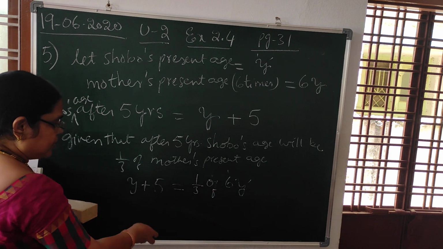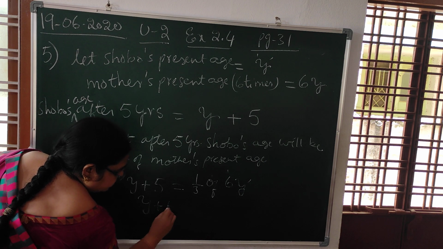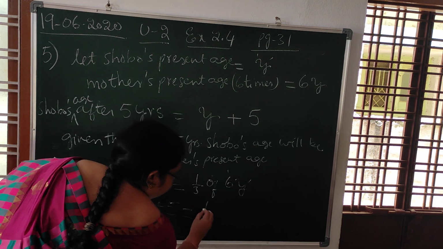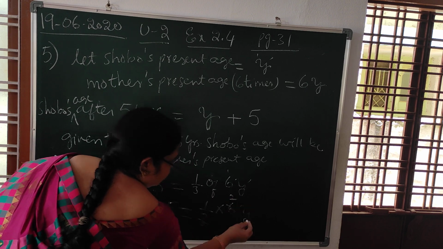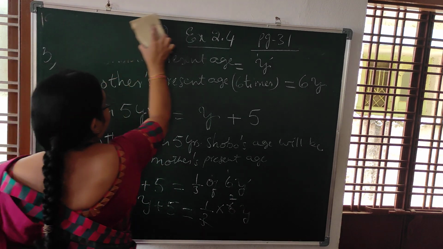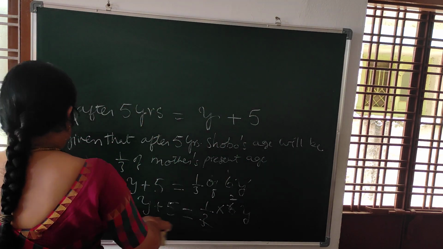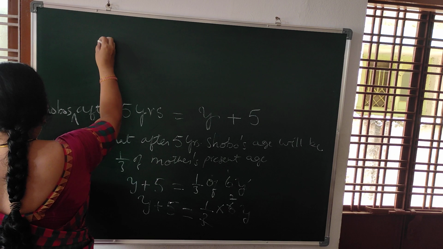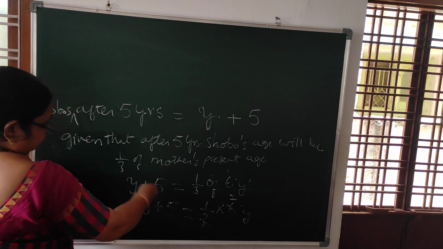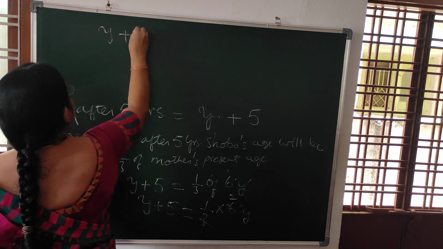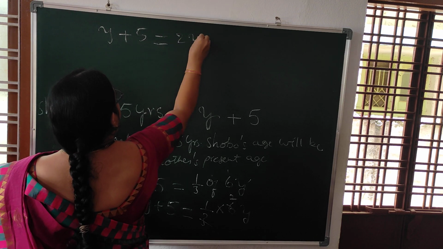Solve this equation. y plus 5 is equal to 1/3 into 6y. 1/3 of 6y: 3 twos are 6, so that is 2y. So y plus 5 is equal to 2y.